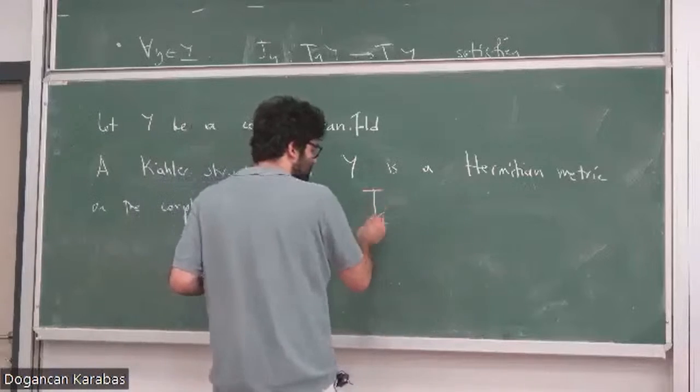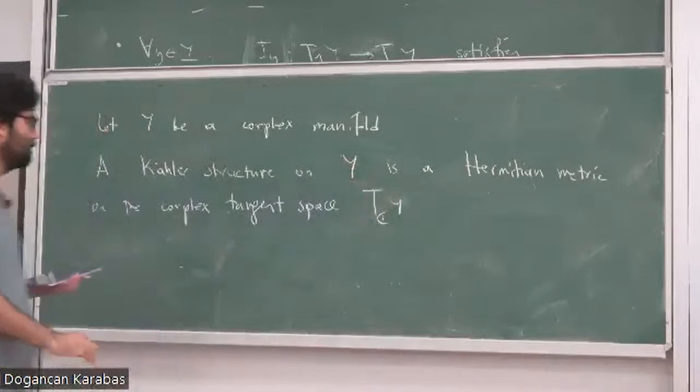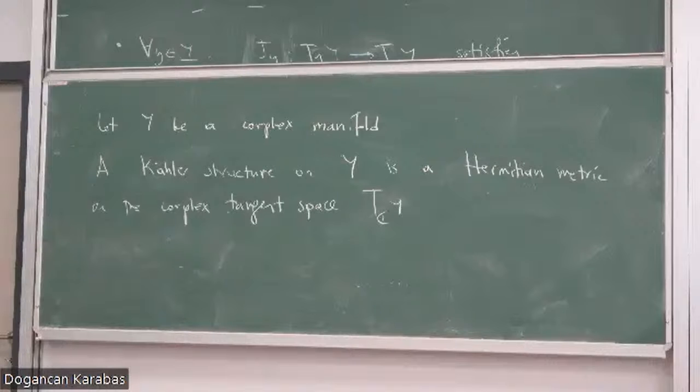So T, I'll just write C just so that you don't get confused. So it's the tangent space of the complex manifold.